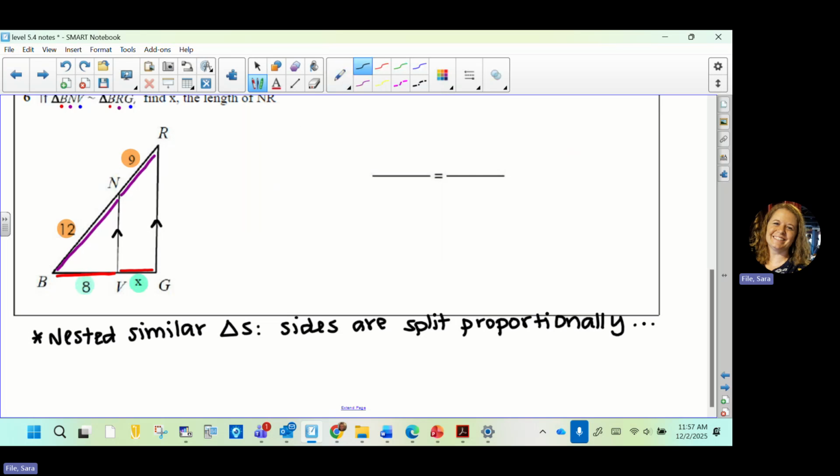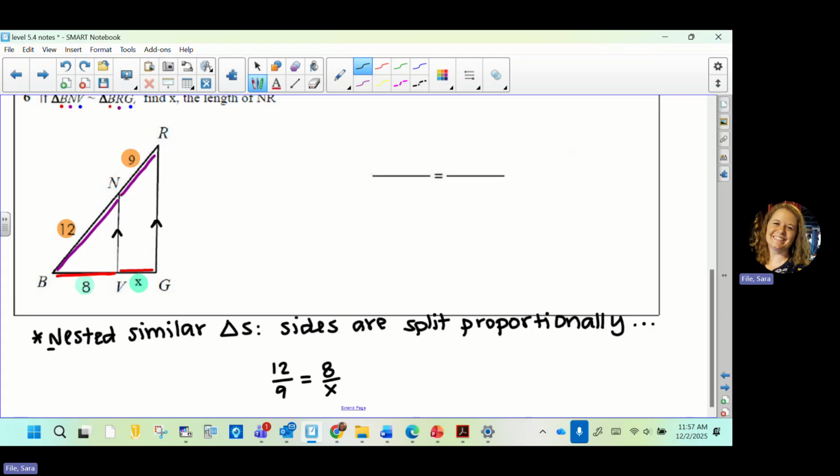So I can set up the proportion as 12 is to 9 as 8 is to x. See, I went left piece, right piece, left piece, right piece. Or I could go 12 is to 8 as 9 is to x. I could go top, bottom, as long as I'm consistent. So this is one way that I can do this.